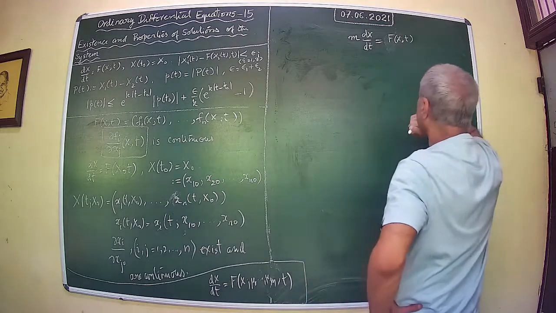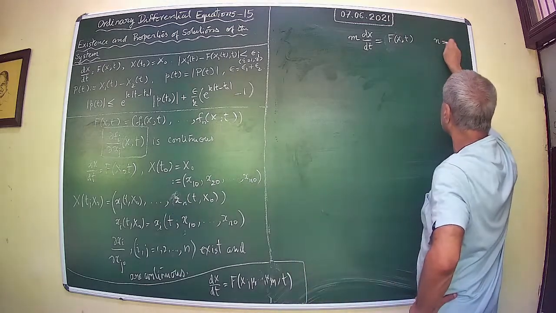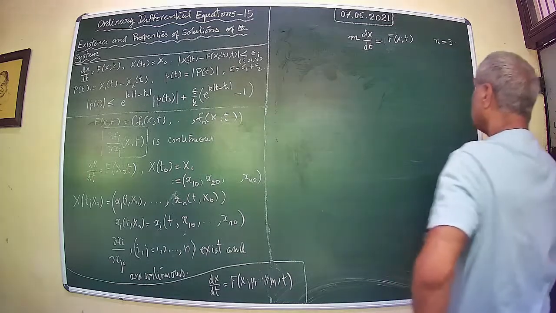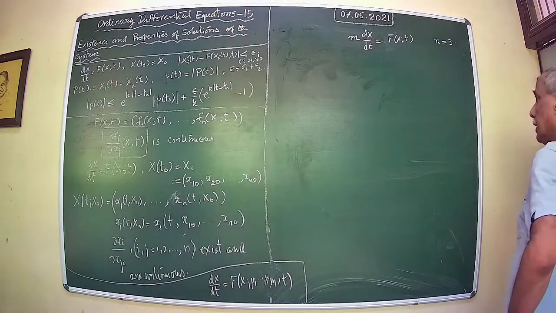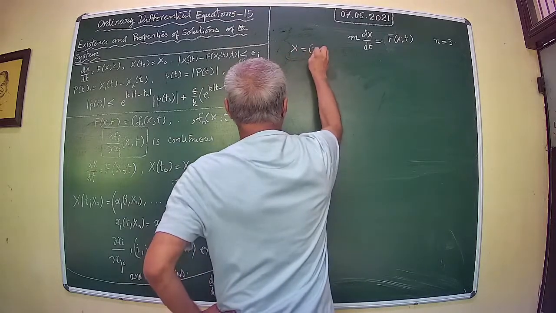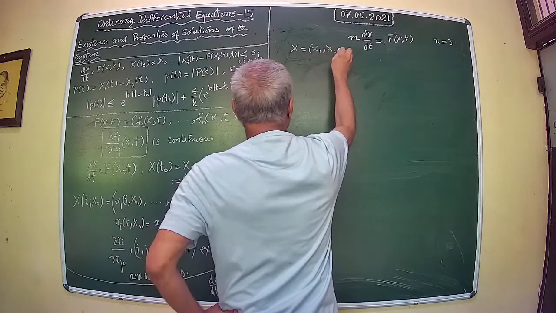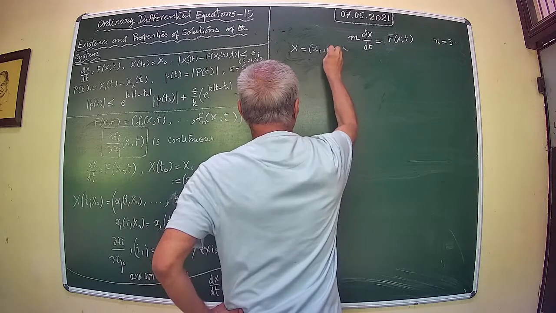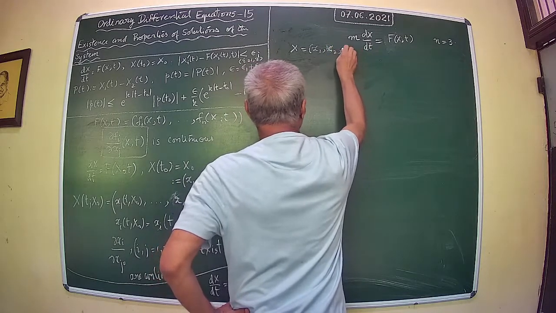Take the case where n is equal to 3, and x is equal to x1, x2, x3.